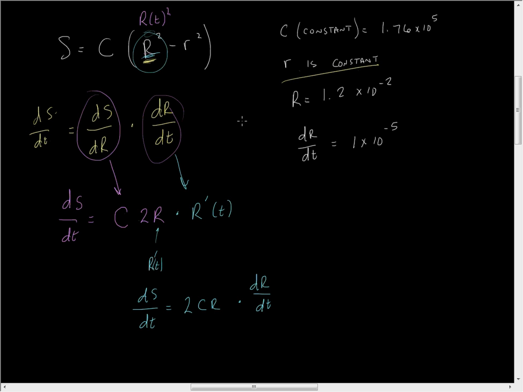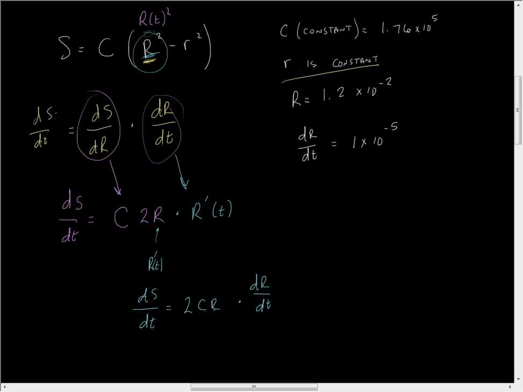We have C and R, which are 1.76 times 10 to the fifth and 1.2 times 10 to the negative 2 respectively. Let's bring out our handy calculator and calculate this.